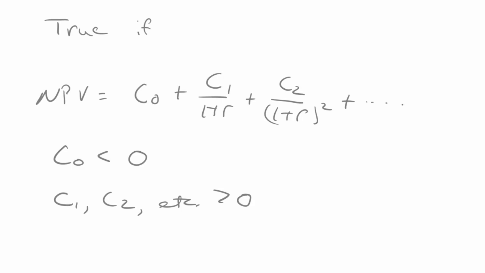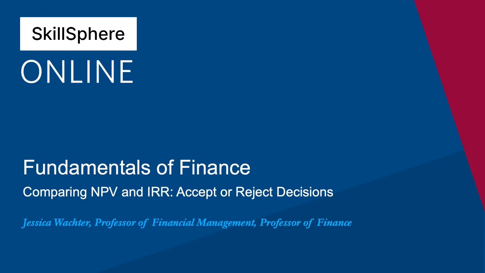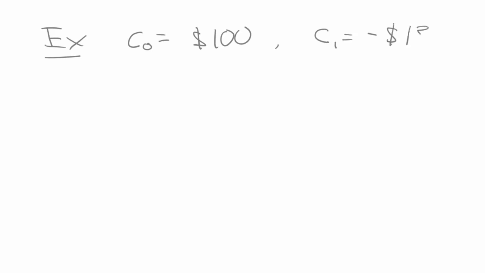Now, that's not always going to be the case. So next, we're going to discuss the cases where the NPV rule and the IRR rule do not agree. So when might NPV and IRR not agree? Let's consider this example. So we have the first cash flow at time 0 is $100. The cash flow at time 1 is negative $130.